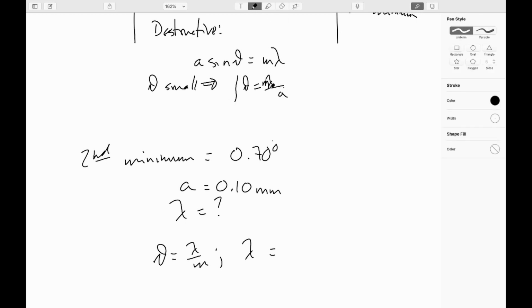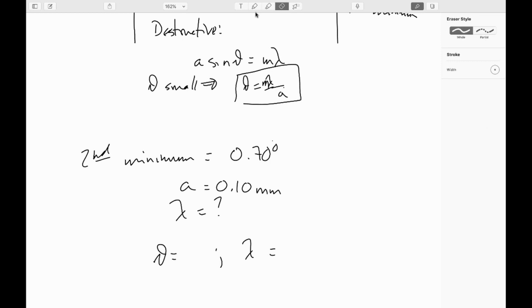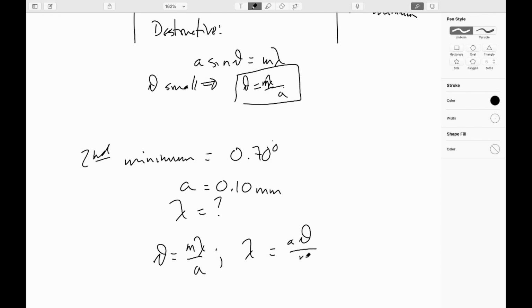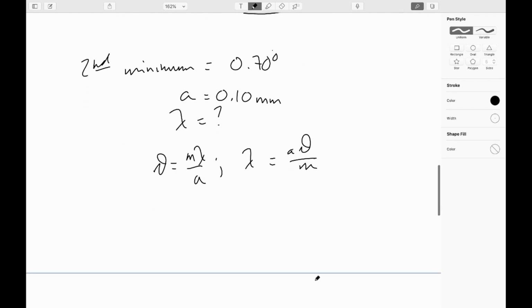Sorry, I dropped an m there, my bad. Let me fix that down here too. Theta equals m lambda over a. So lambda will be equal to a theta over m.